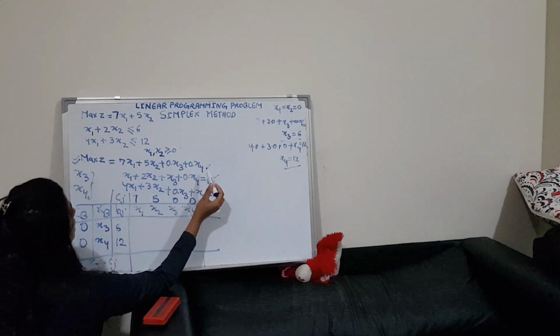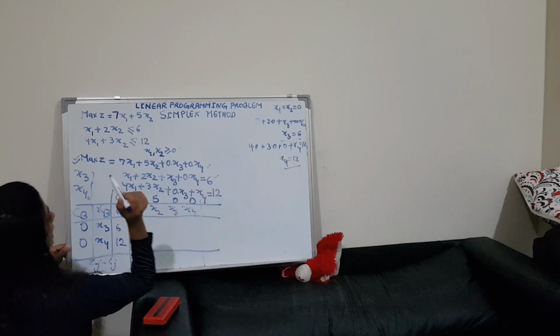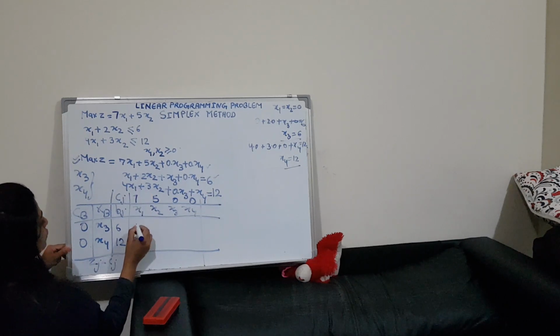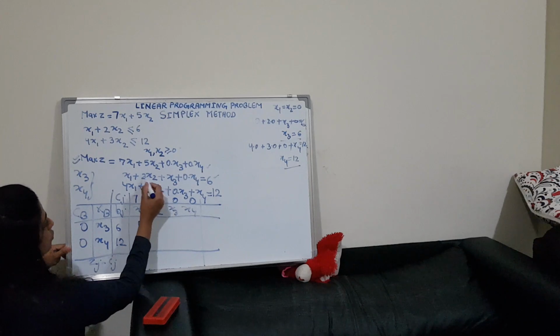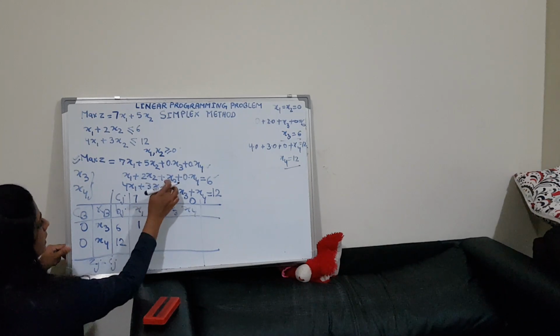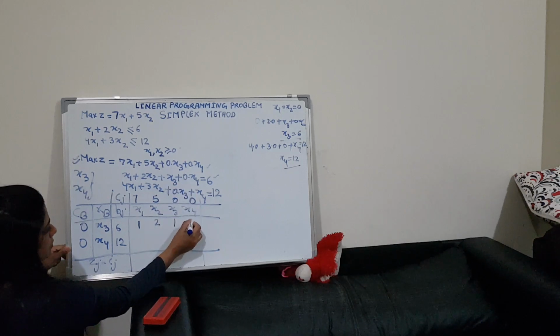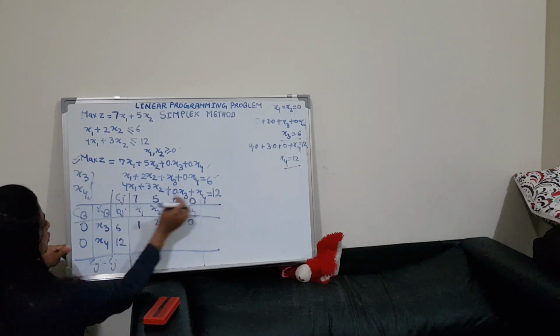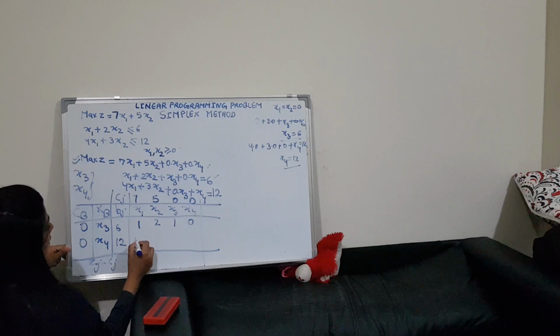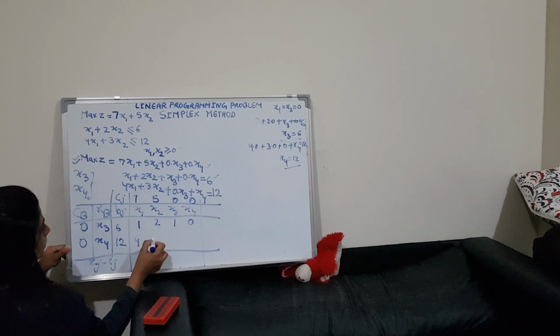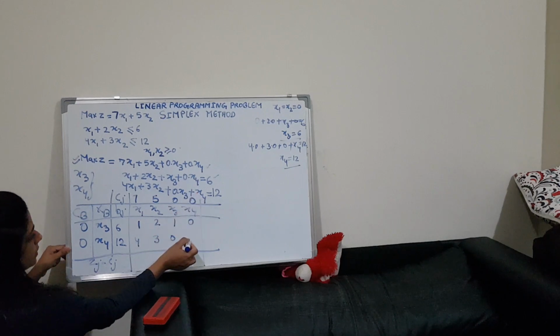So this is the first equation, and here x1 coefficient is 1, x2 coefficient is 2, x3 coefficient is 1, x4 coefficient is 0. From second equation, x1 coefficient is 4, x2 3, x3 0 and x4 1.